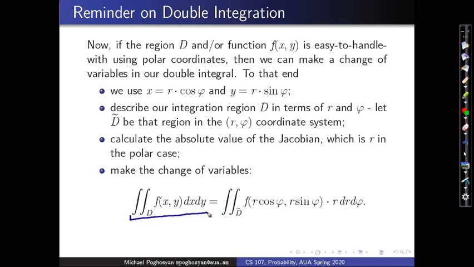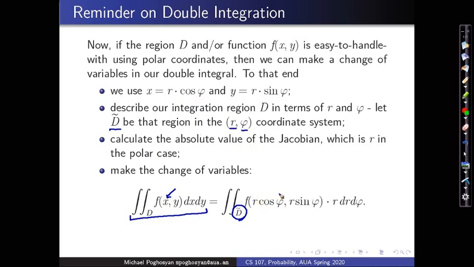This was our integral we wanted to calculate, the double integral over D of f, and we are writing it in the R and phi coordinate system. So we are double integrating over D tilde, our region in terms of R and phi.